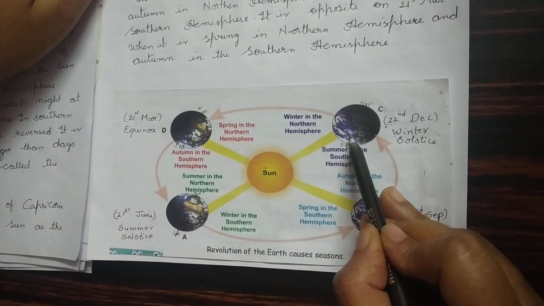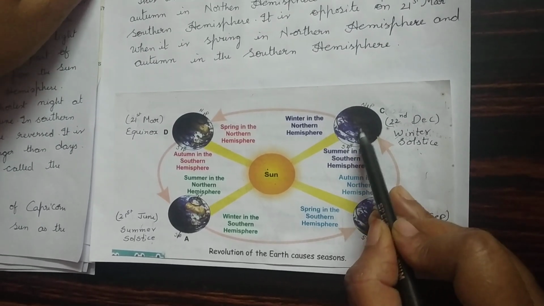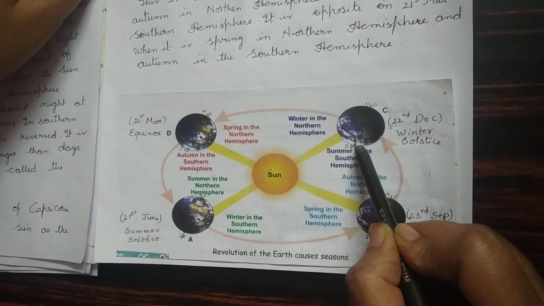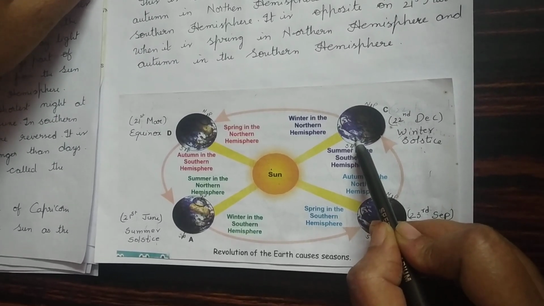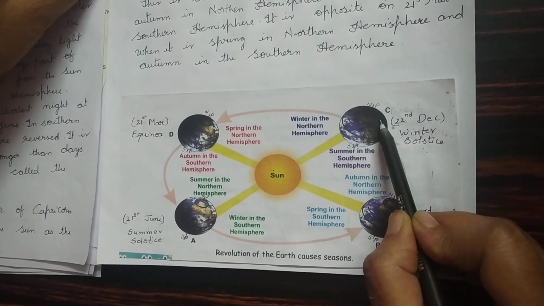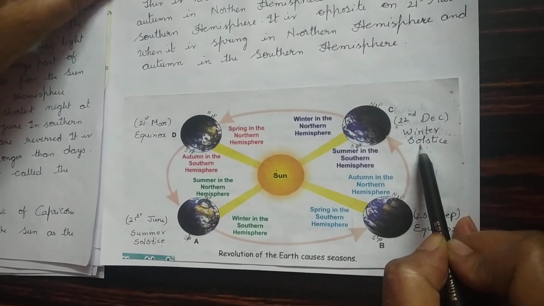The sun's rays fall vertically at the Tropic of Capricorn, and a large portion of the southern hemisphere gets light. So it is summer in the southern hemisphere with longer days and shorter nights. The reverse happens in the northern hemisphere. This position of the earth is called winter solstice.